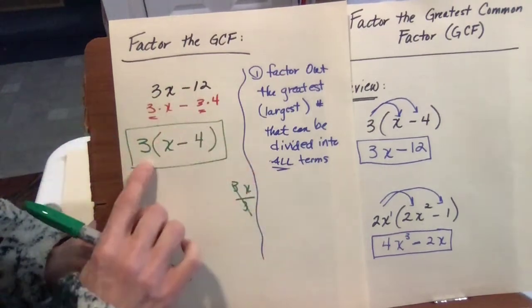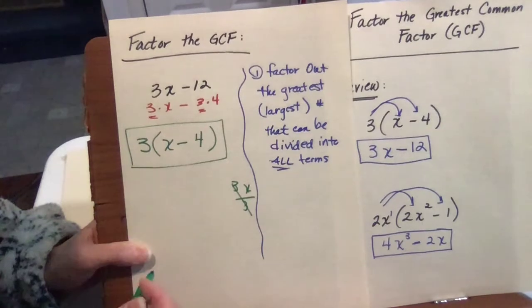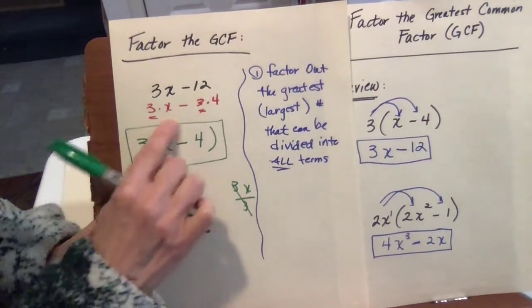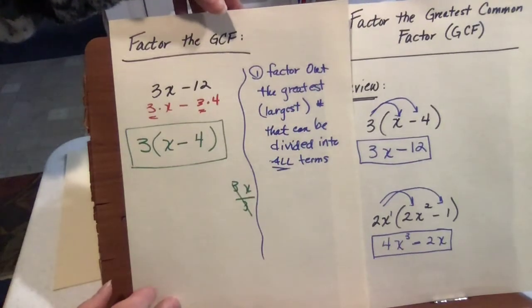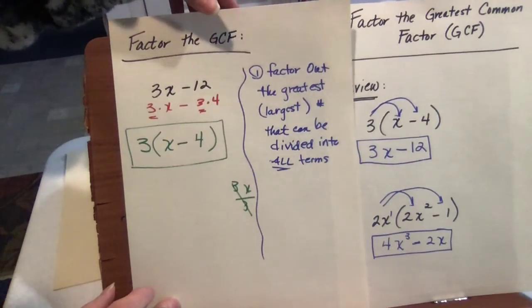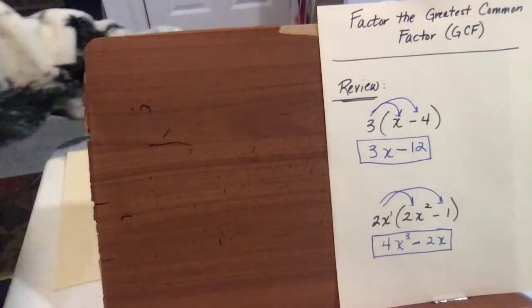We can't change this. We're just going to make it look different. So we have 3 times the quantity x minus 4, which is still 3x minus 12. It's the same thing, but in a different form. That's factoring using the greatest common factor. I'm going to still keep this here. We're going to look at our next problem.